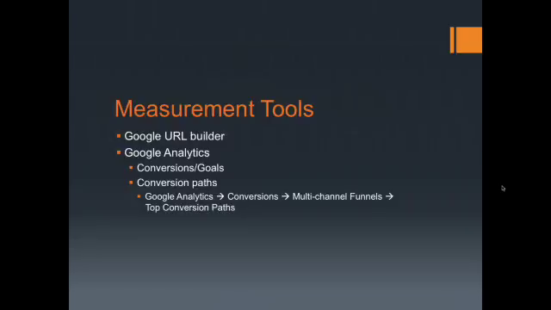So for example, we could have xyz.com, and then we can add behind it source, Facebook, medium, ad. So we know then anybody that visits xyz.com with that additional information attached behind it came from Facebook, and they came from an ad or they came from a particular spot on Facebook.